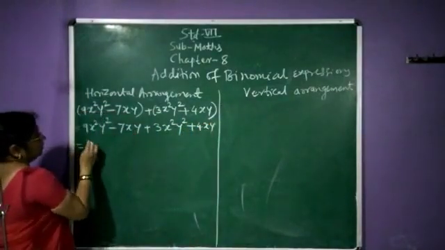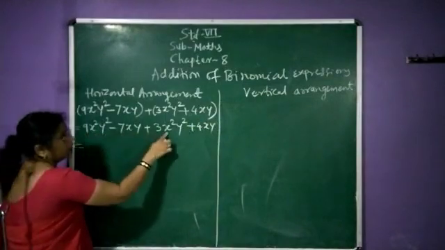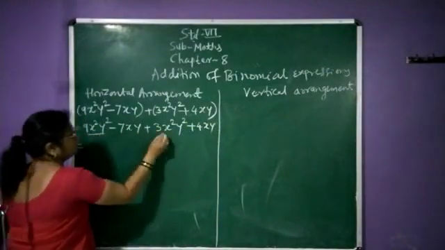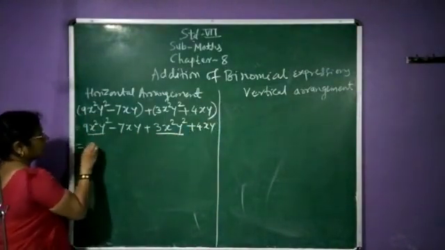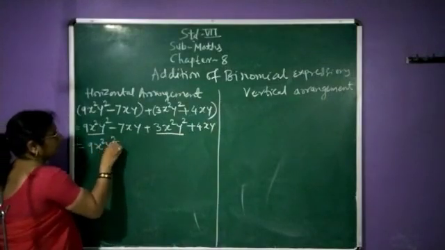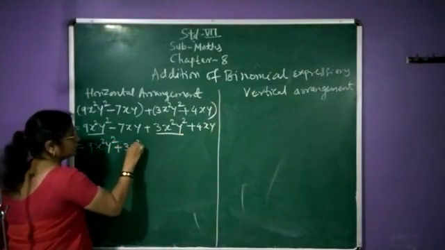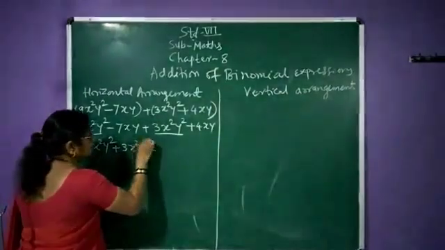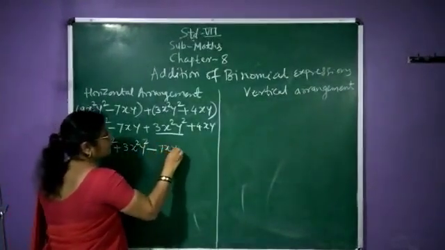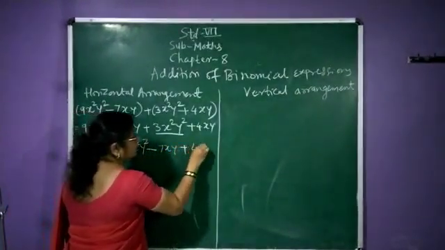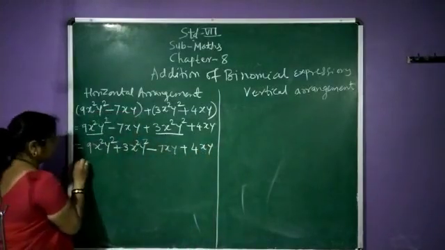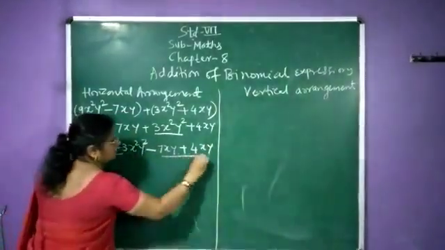Now x square y square, x square y square, so we will bring these two terms together: 9x square y square plus 3x square y square minus 7xy plus 4xy. Now I will take the coefficients.